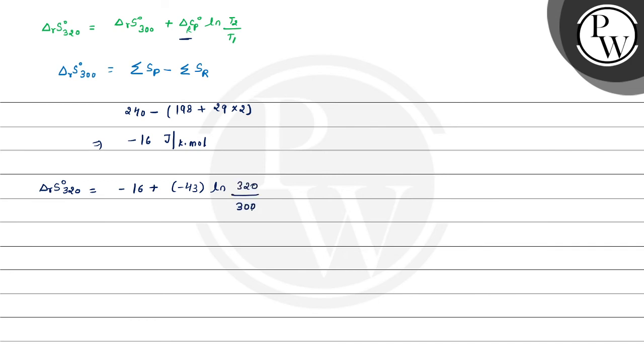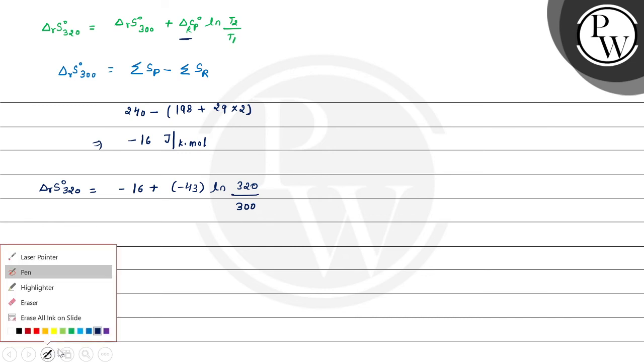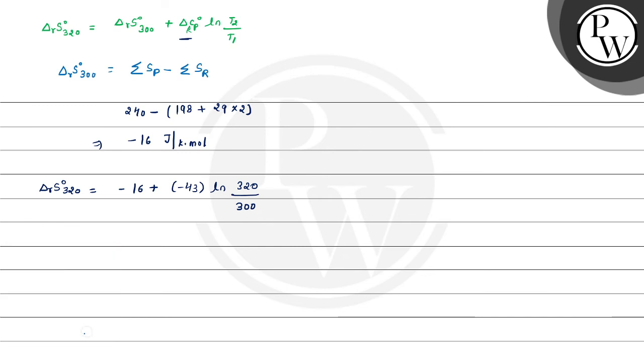This ln 320 divided by 300 is given as 0.06. So we write minus 16 plus minus 43 multiplied by 0.06. So the final value comes out to be minus 18.58. So this is the entropy of reaction at 320 Kelvin.